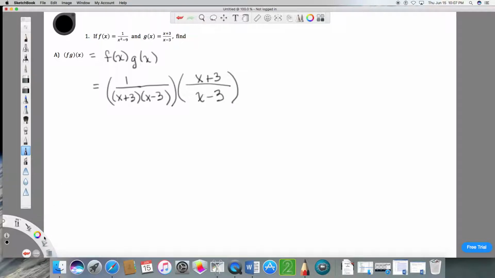So we see that we have in the numerator a factor of x plus 3, and it's being divided by a factor of x plus 3, so those divide to 1. And this product is 1 over (x minus 3) squared. So that's this new function.